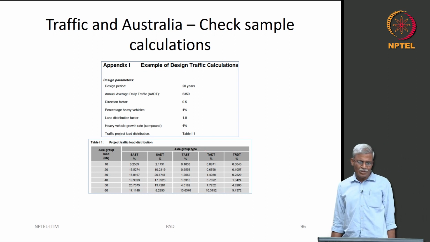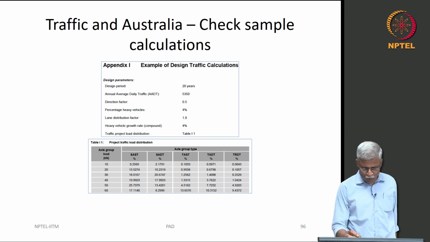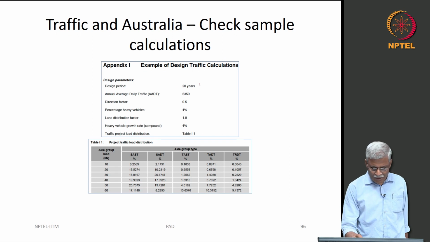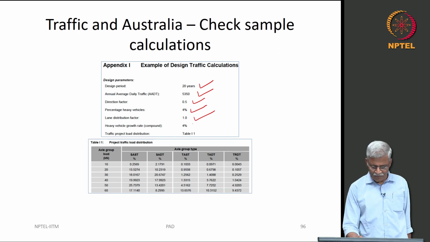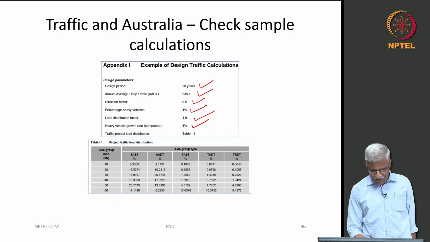Now, there are some sample calculations that are shown here. You can actually see 20 years is the design period, AADT is 5350, direction factor is given, percentage of heavy vehicle is given, lane distribution factor is given, 4% is the growth rate factor, and this is the traffic load distribution.